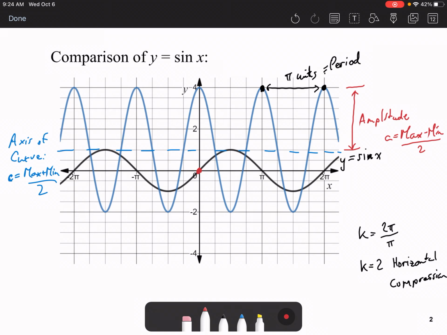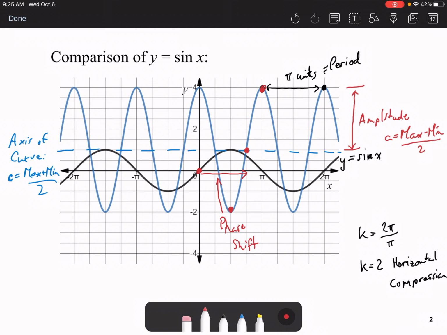So what you want to do is find a minimum, find a maximum, and find the location halfway between that. So right here, you can see that this function is shifted horizontally 3 pi over 4 units to the right. So this is your phase shift, or one possible phase shift.